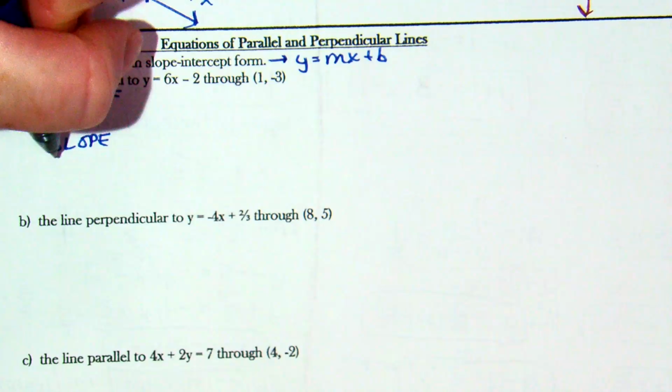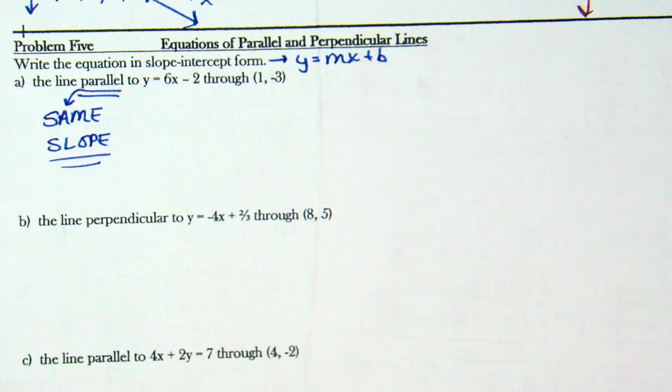Can we agree the slope is 6? So what is my parallel line going to have as a slope? 6. So we're going to use a slope of 6. Now, before you get any crazy ideas, this minus 2 doesn't even exist. Doesn't matter, because all I need to know is the slope. So I have a slope.